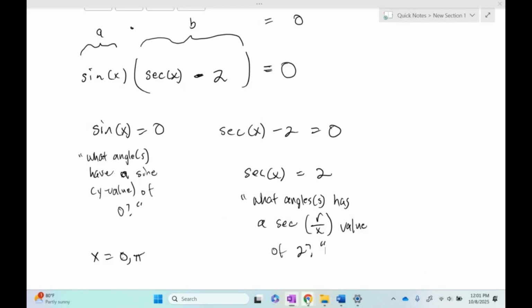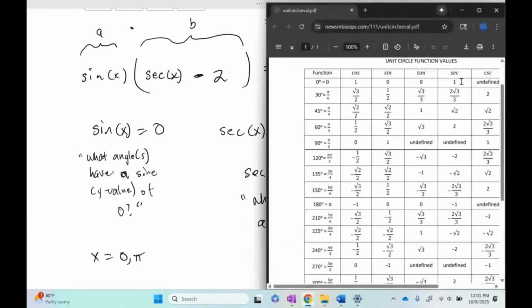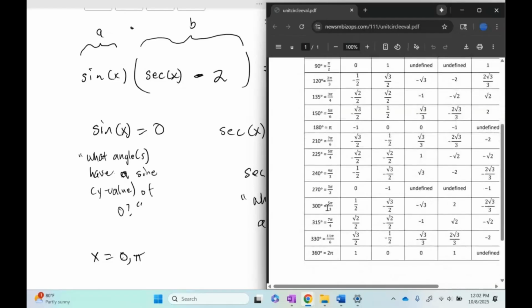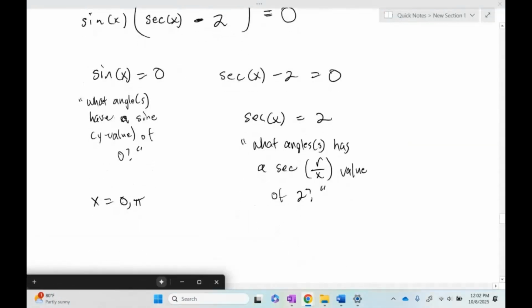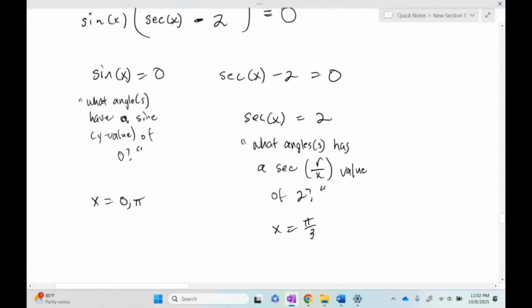So I'm going to look at the function value sheet. We're going to go down the secant column, and we're looking for +2. So it looks like pi over 3 has a secant value of +2, and 5 pi over 3. So here we have pi over 3 and 5 pi over 3.